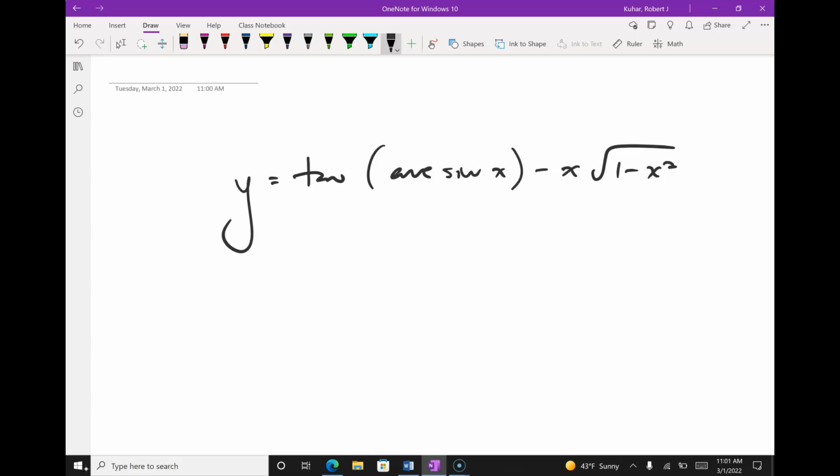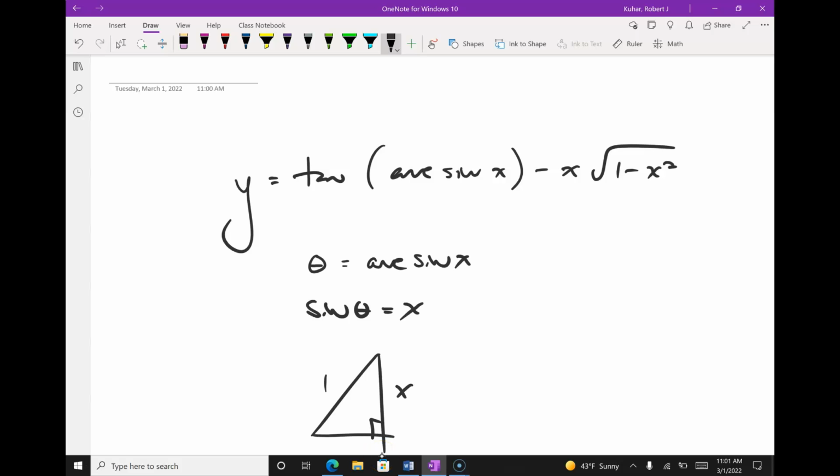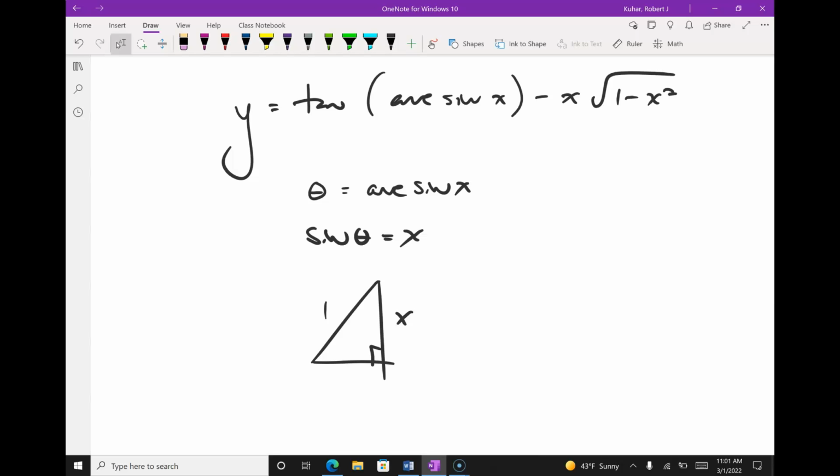Well, do I see anything of interest? I see an angle, right? So I see an inverse trig, which means I see a trig, which means I see a triangle, right? So if I know that theta is the arc sine of x, I know sine of theta is x, and I know my triangle is x for the height, 1 for the hypotenuse, and the square root of 1 minus x squared for the adjacent side.